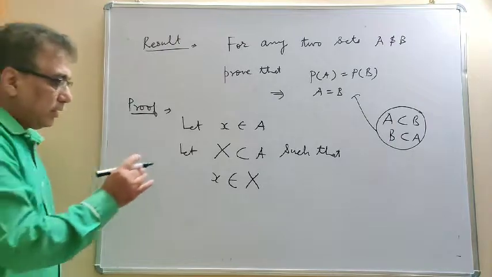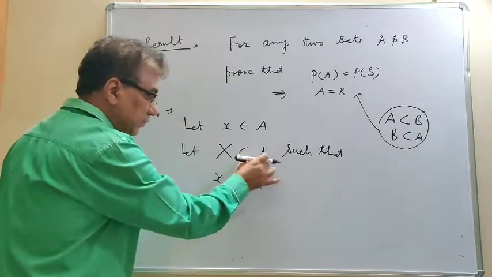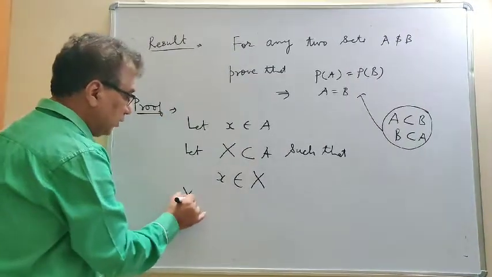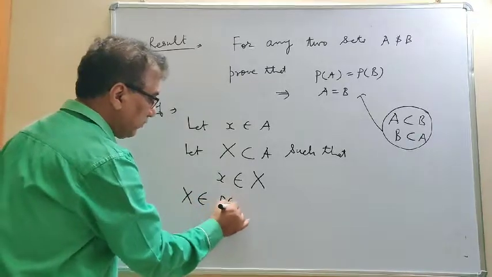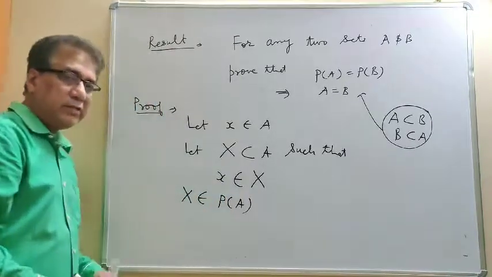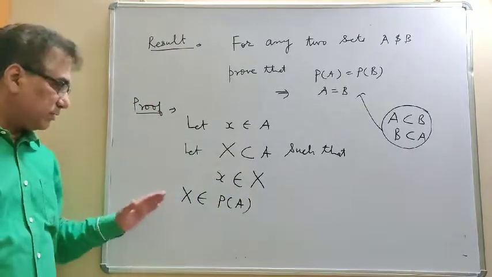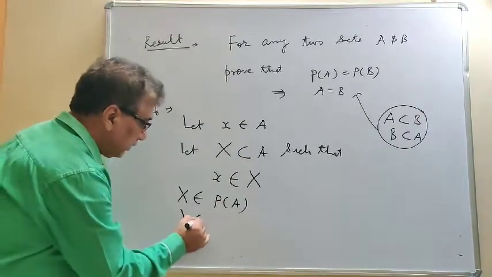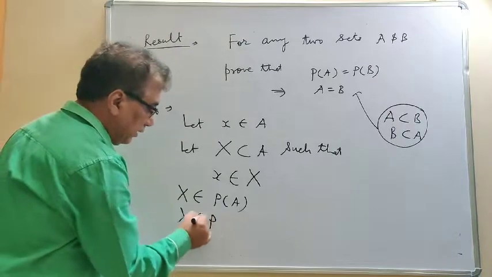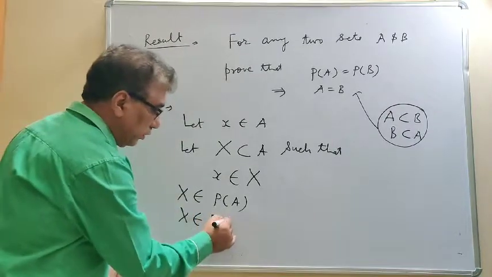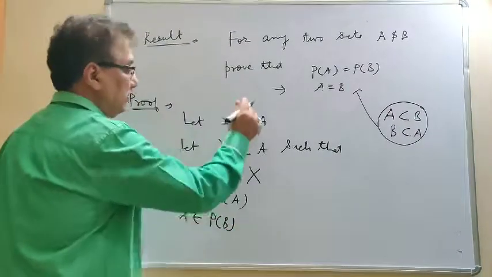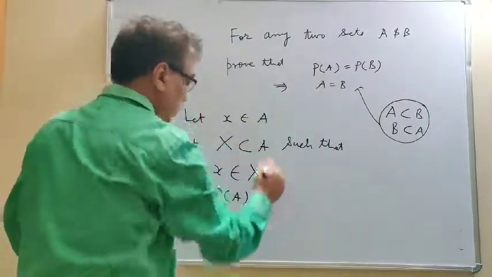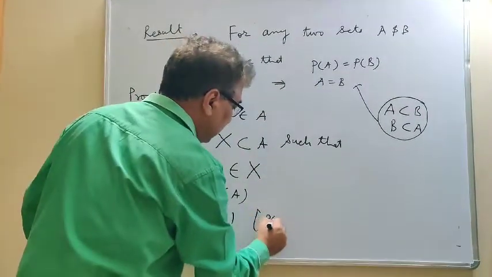Okay. Now what is X? X is a subset of A. So X belongs to the power set of A. The power set of A contains all the subsets of A, so X belongs to this. Now according to the given condition, capital X also belongs to the power set of B, because P(A) is equal to P(B).